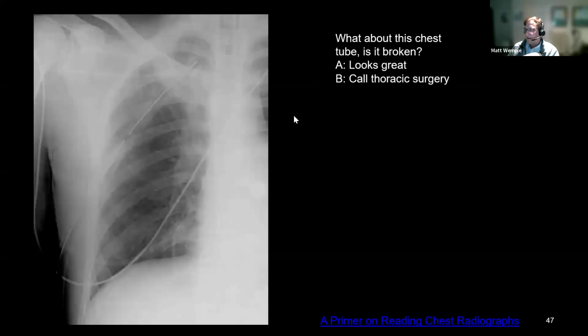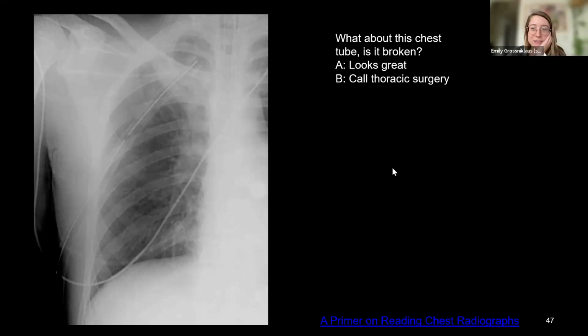Okay. What about this tube? Is this broken? Does this look okay? What's going on here? Okay, I'm gonna give him another minute or so. Okay.